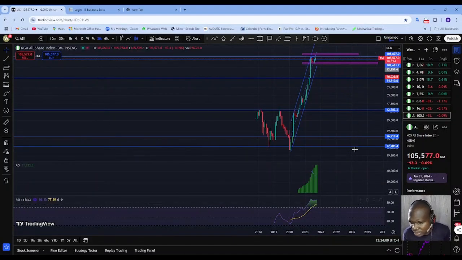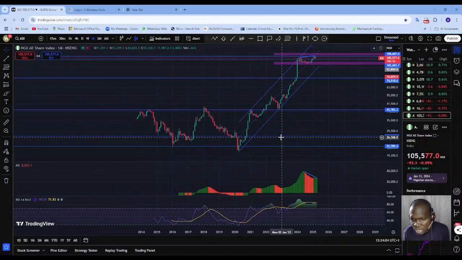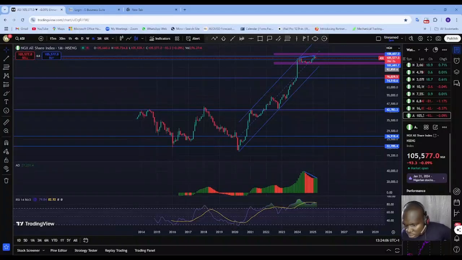Let's look at some other key factors that may determine the market direction for the month of April. Like when we look at year to date, the market has gained 2.56%. Then we see 1 year performance, the market has gained 0.95%.